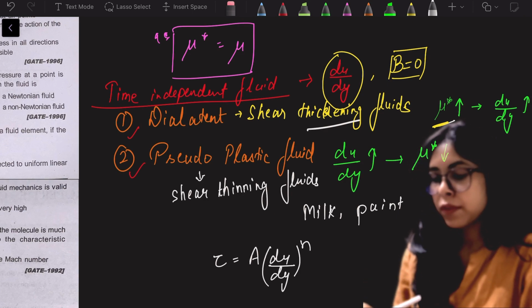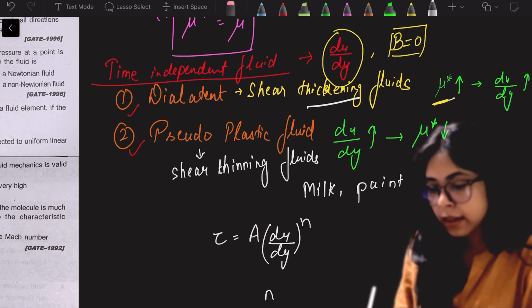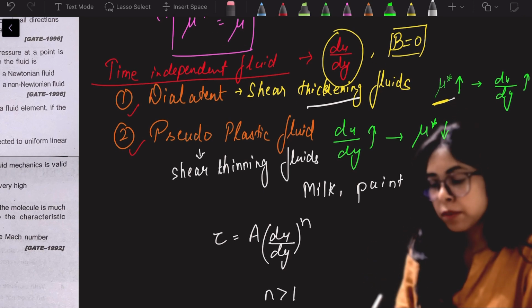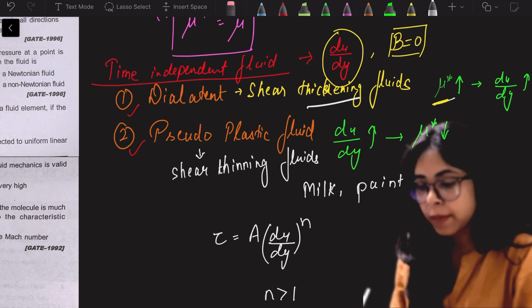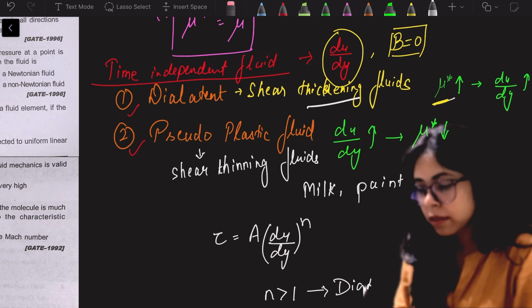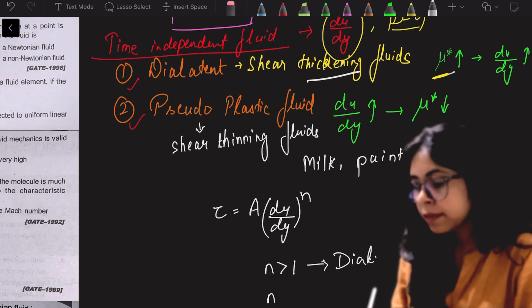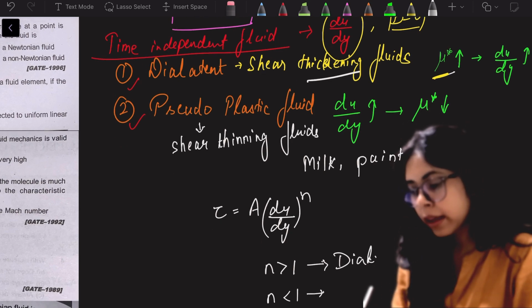If n is greater than 1, you will get dilatant fluid, and when n is less than 1, we will get pseudoplastic.